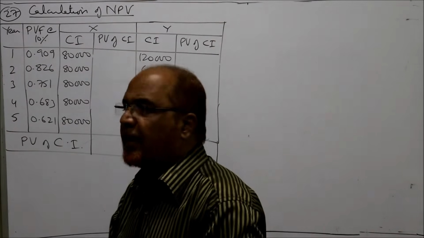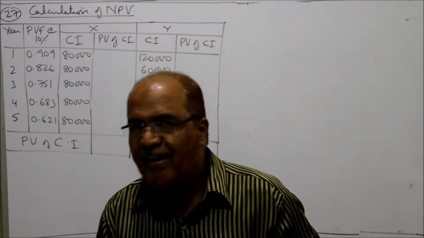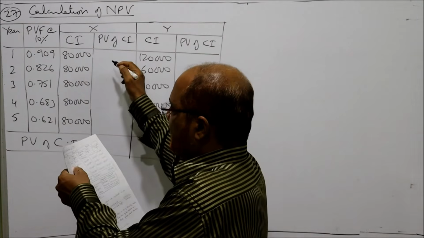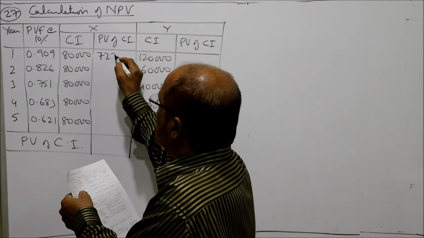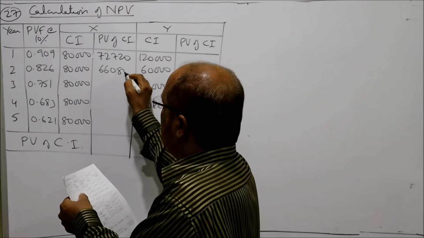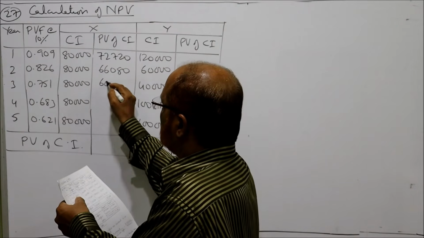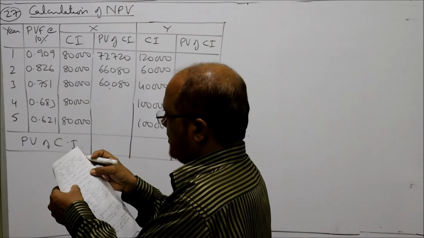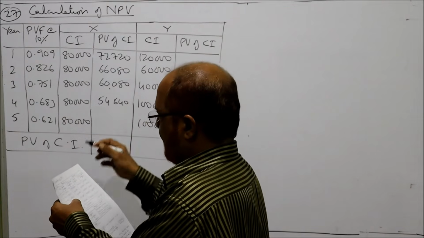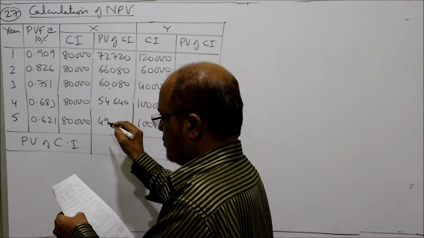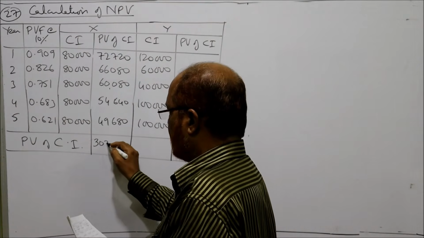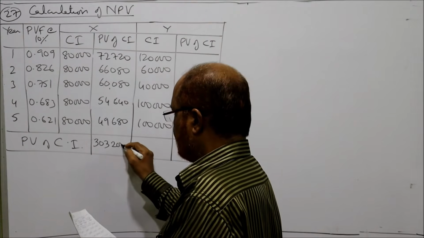Now, by multiplying the PV factors with cash inflow, we get the values: 72,720, then 66,080, 60,080, then 54,640, and here 49,680. The total is 3,03,200.